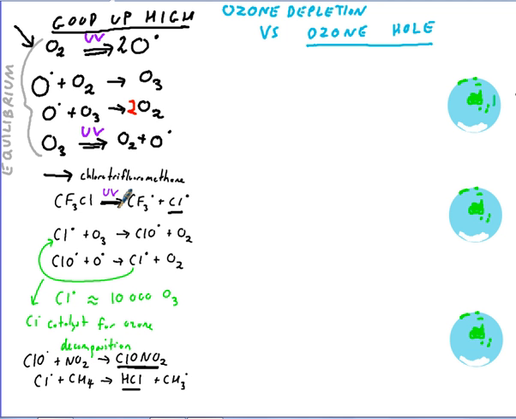And those chlorine-free radicals are a catalyst for ozone decomposition, as shown in the reactions down here, because they react with ozone to produce this chemical here called chlorine monoxide. And that chlorine monoxide then reacts with oxygen-free radicals to reproduce the chlorine-free radicals, which then can go ahead and decompose more and more and more ozone molecules. And so chlorine-free radicals are effectively a catalyst for ozone decomposition.